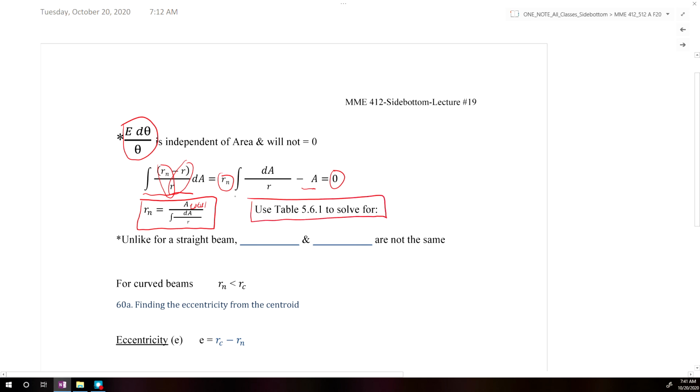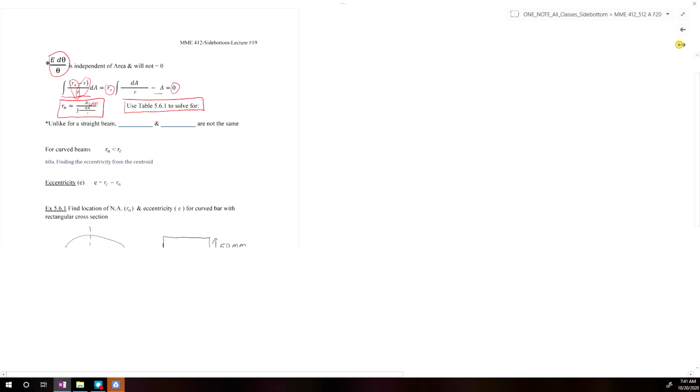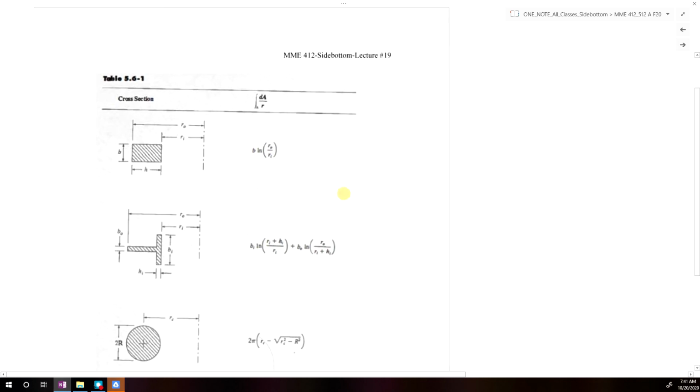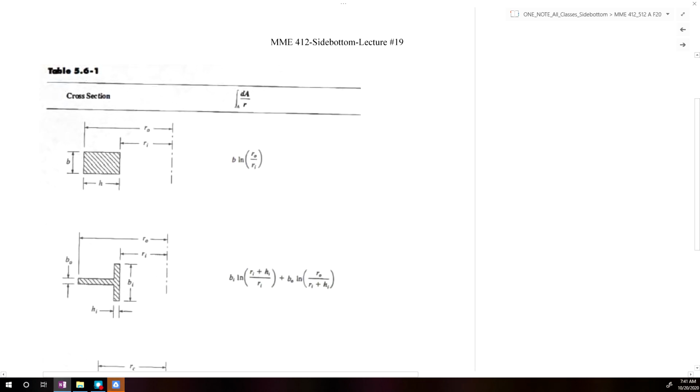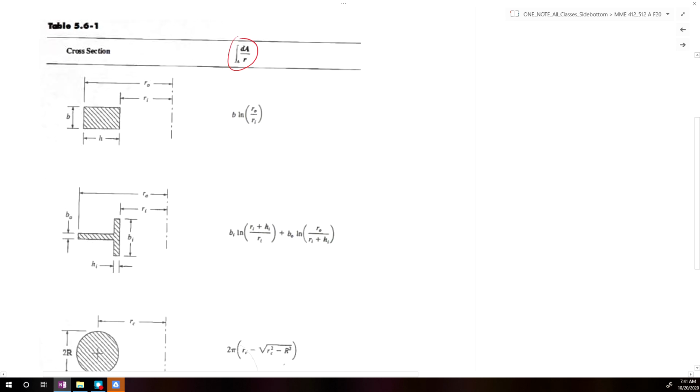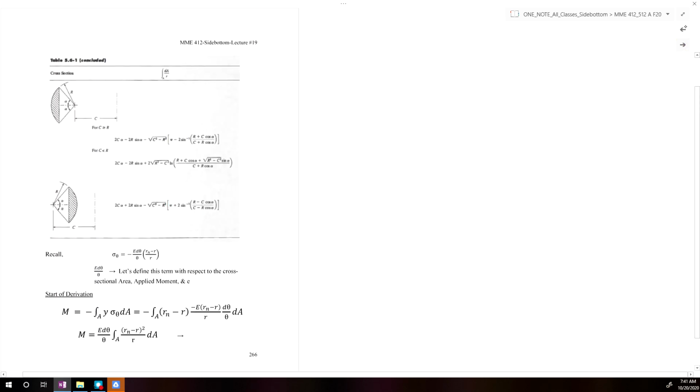You can just use table 5.6.1, which should be located later on in the lecture, on page 265 and page 266. For each of these common cross sections, they have developed the integrals of dA over R.